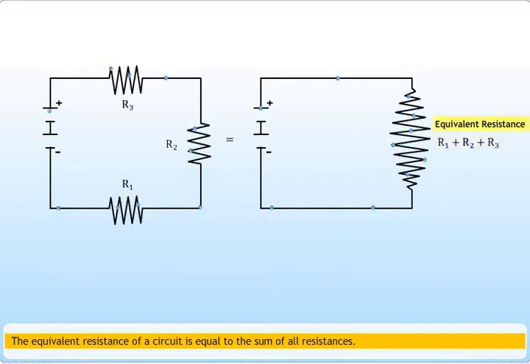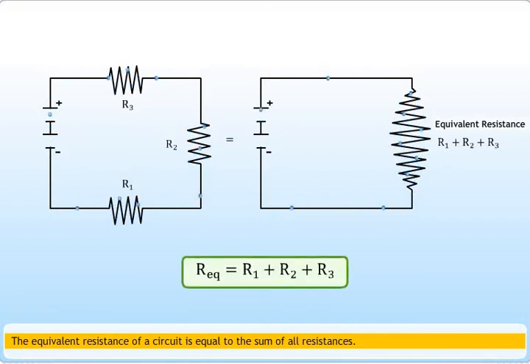The equivalent resistance of a circuit is the amount of resistance that a single resistor would need in order to equal the overall effect of the collection of resistors in the circuit. For series circuits, the mathematical formula for computing the equivalent resistance R equivalent is equal to R1 plus R2 plus R3.